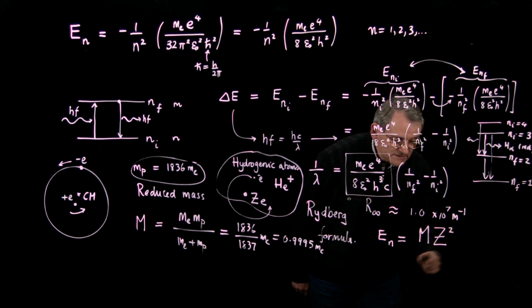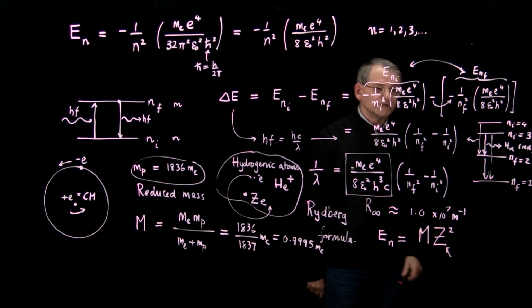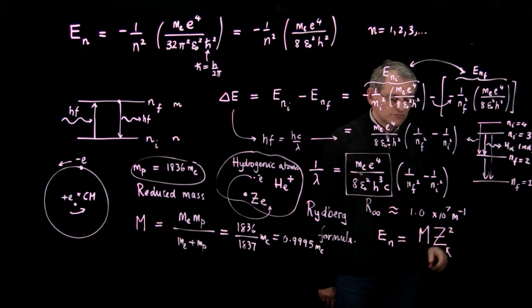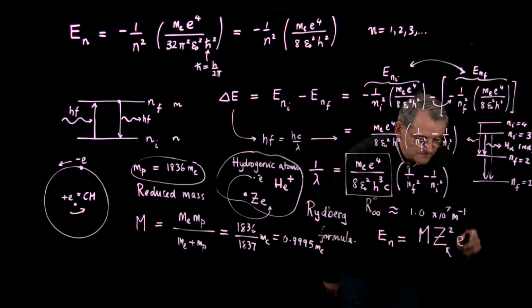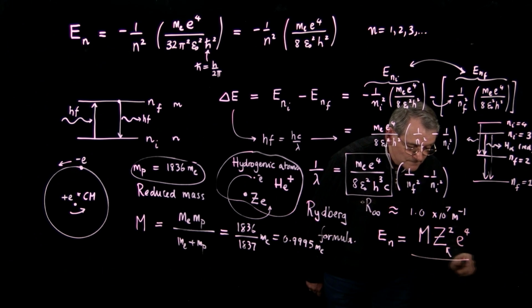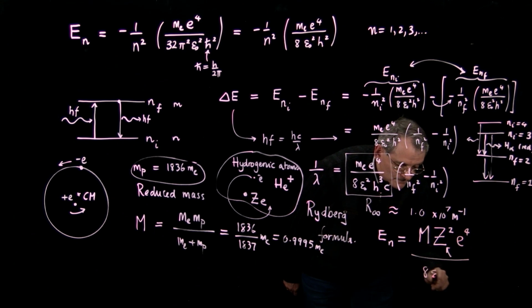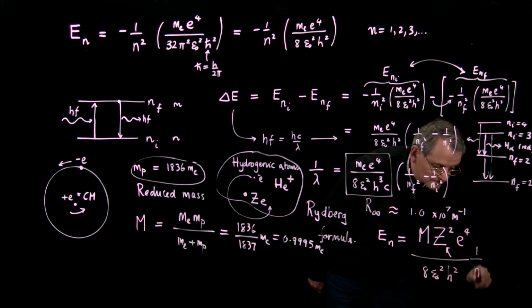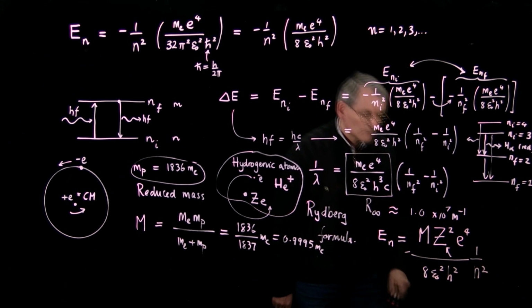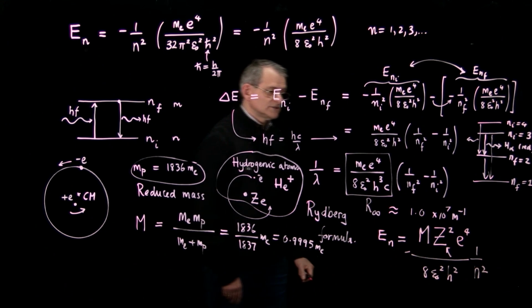And so this correction here, Z squared, allows me to describe hydrogen-like systems.